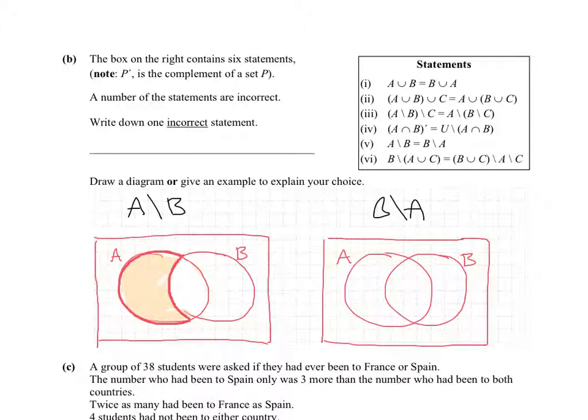If we look at the right hand side, B less A, well, we're looking at everything that is in B, and from that area we are subtracting anything that is in A. And we're left this time with a moon shape, but it's a completely different moon shape. It's the B only section. So A only is not equal to B only. So this is a statement that we're asked to evaluate that is not correct.